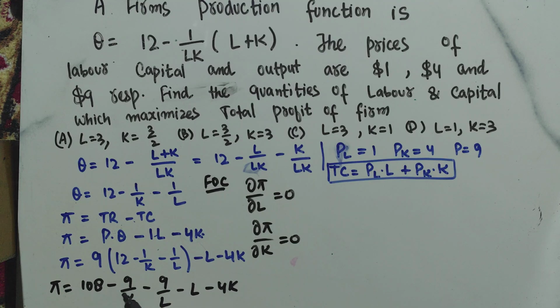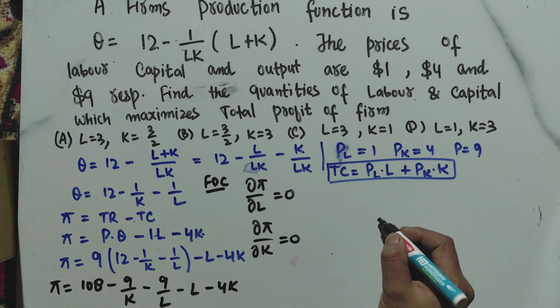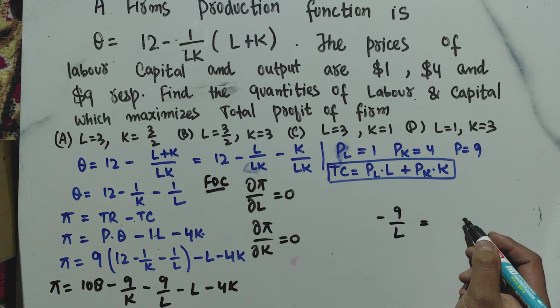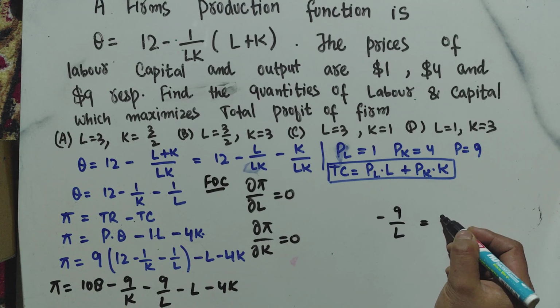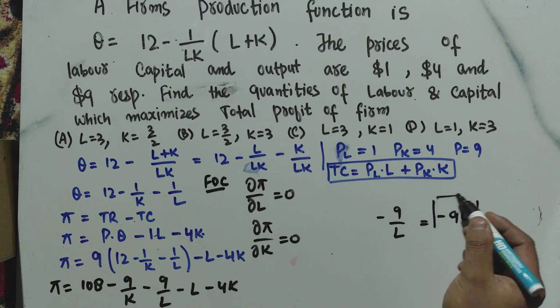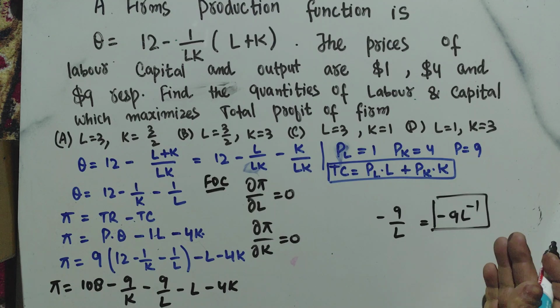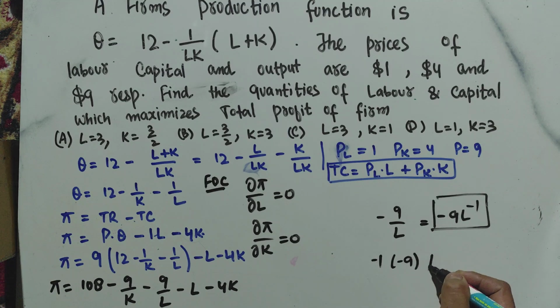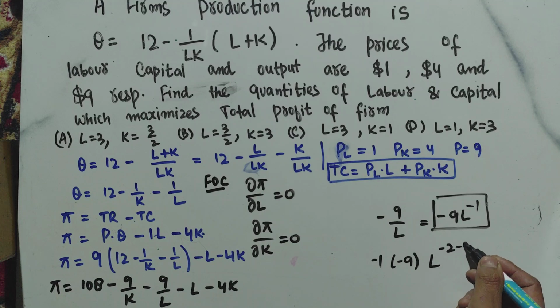The derivative of the first term and the second term will be 0 because we are taking the partial with respect to L. Now the derivative of minus 9 upon L with respect to L: if I rewrite it first, it will become minus 9 L raised to the power negative 1. Using the power function rule, the exponent becomes the coefficient, so we have negative 1 times negative 9, and the exponent is reduced by 1.